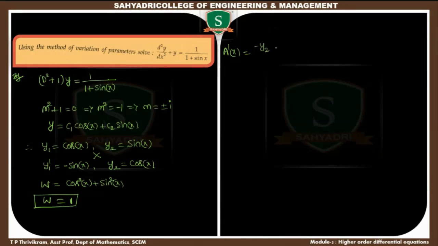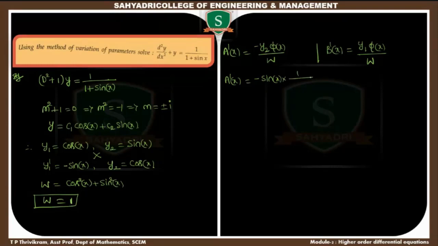So a dash of x is equal to minus y2 phi of x divided by Wronskian. Similarly, b dash of x is equal to y1 phi of x divided by Wronskian. Okay, so a dash of x is equal to minus y2, y2 is sin x, into 1 by 1 plus sin x, divided by Wronskian, which is 1.